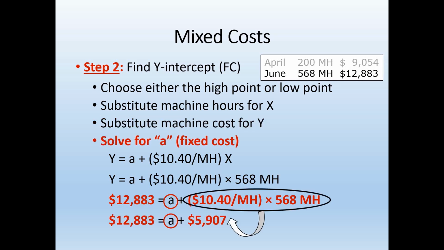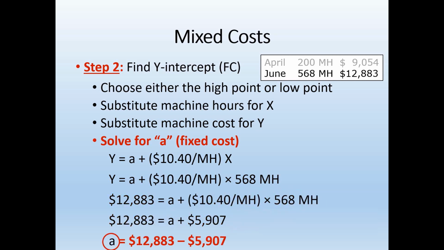And then all we have to do is subtract that number from both sides, and that will tell us the fixed cost. Like this. So now we know that for this particular firm's machining costs, the total fixed cost is just under $7,000.